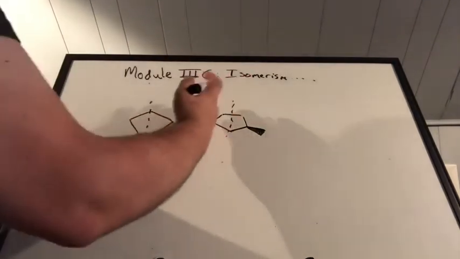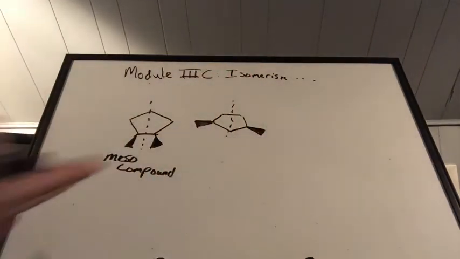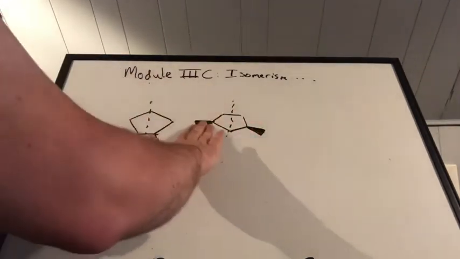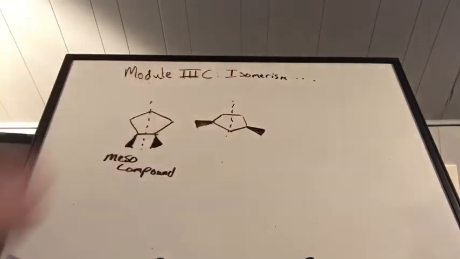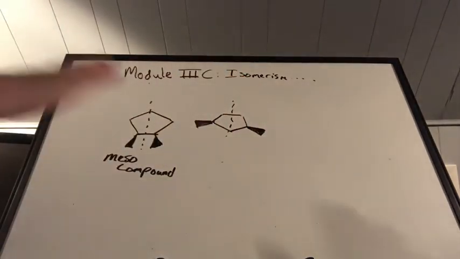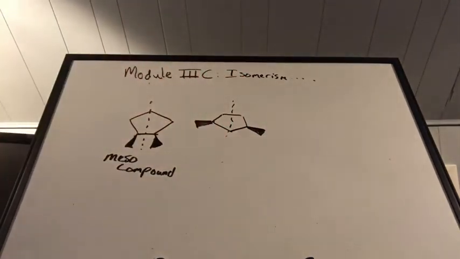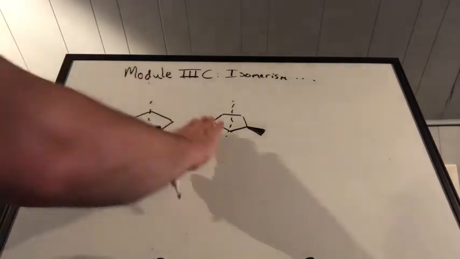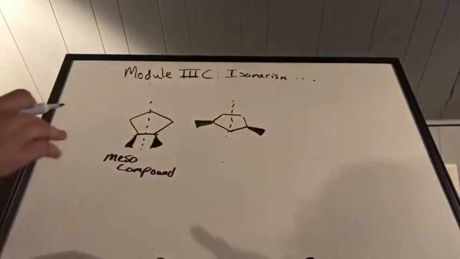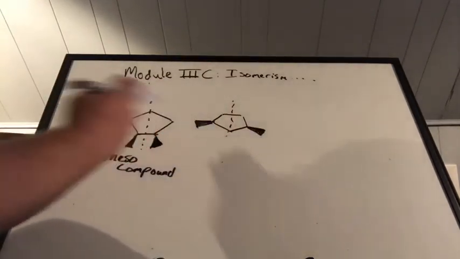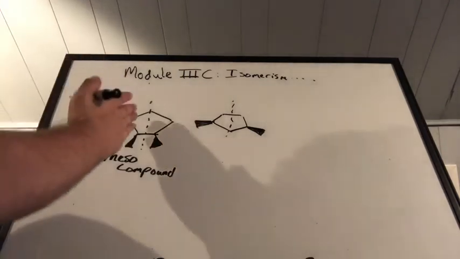Again, there is a plane of symmetry here. But if we were to take this one side and flip it over, it's actually going to be sticking in as a dash, right? Not as a wedge. Because right now it's sticking out as a wedge. Okay, but if you flip it around 180, it's going to be going into the plane of the page. Same goes if you were to flip this vertically as well.